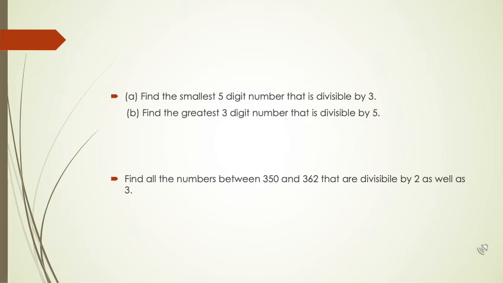The last example is: find all the numbers between 350 and 362 that are divisible by 2 as well as 3.